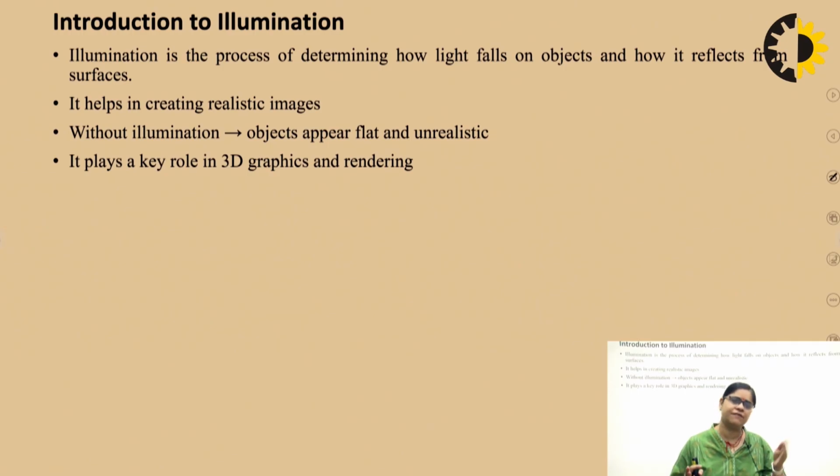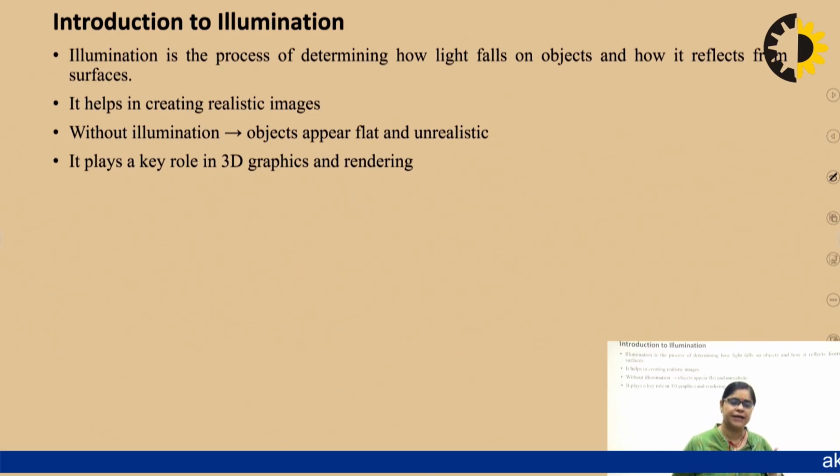It will be a flat image, like a portrait, and it will not look like a real image. So illumination is very important because it helps in creating realistic images. Second, it plays a key role in 3D graphics and rendering.